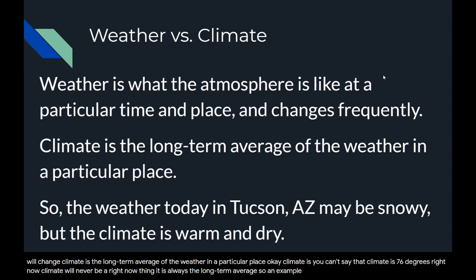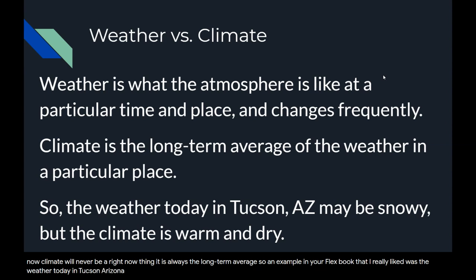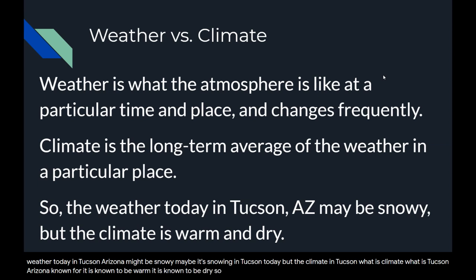So an example in your flex book that I really liked was the weather today in Tucson, Arizona might be snowy. Maybe it's snowing in Tucson today. But the climate in Tucson, what is Tucson, Arizona known for? It is known to be warm. It is known to be dry. So that is the climate. Okay?